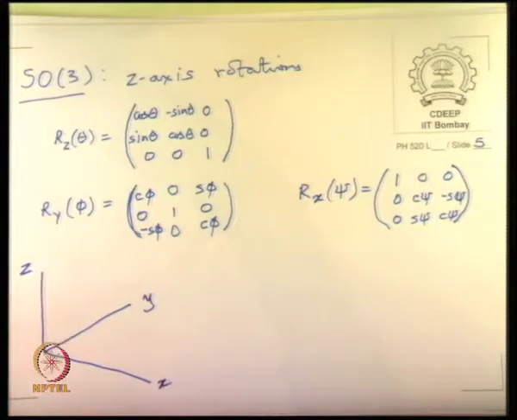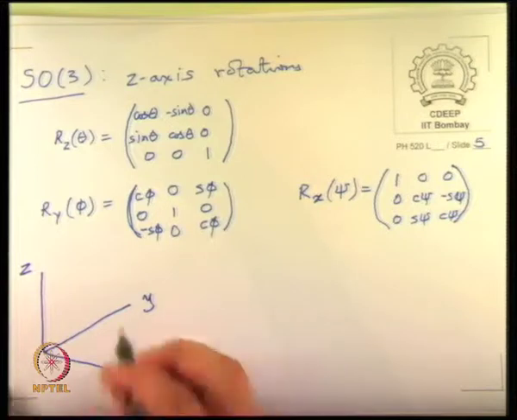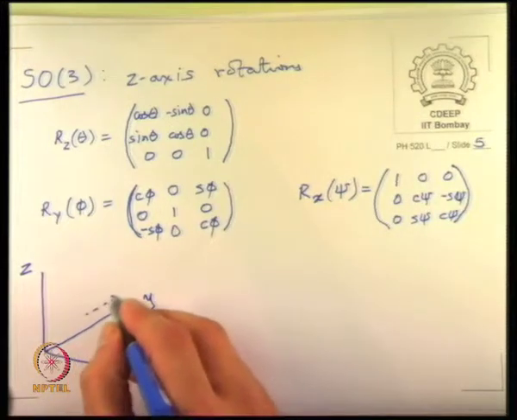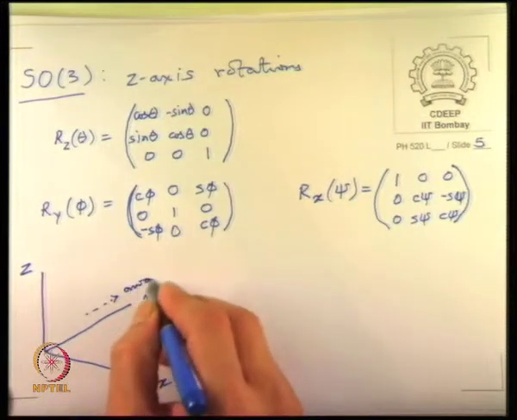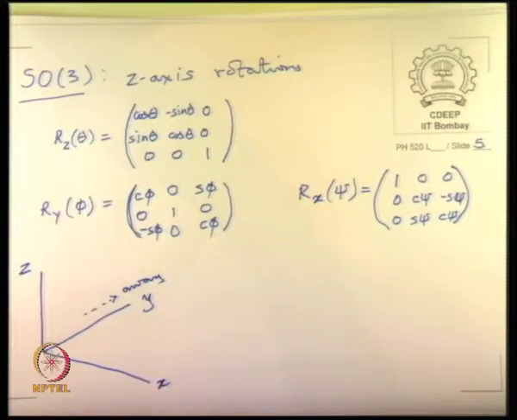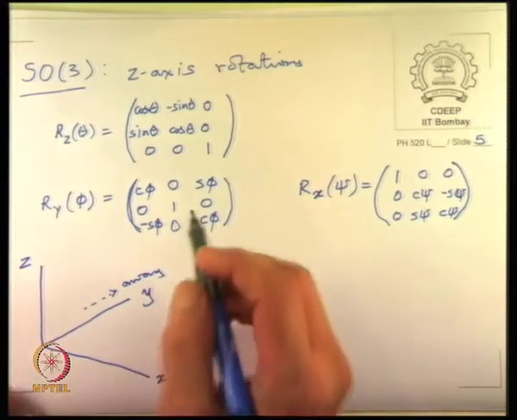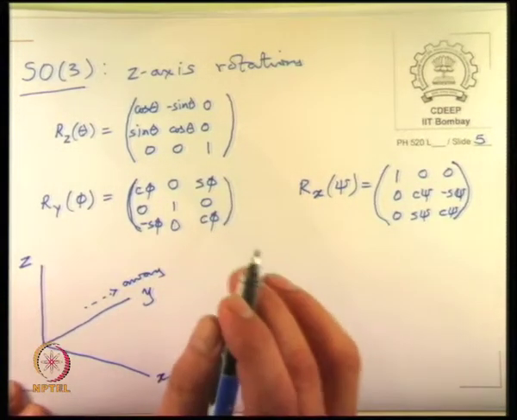So that is the correct orientation. Of course, in this figure it is difficult to see this, so this is going away from us. Okay. So if y is going away into the paper, then this forms the right-handed system. And then there is the issue of active versus passive rotations.